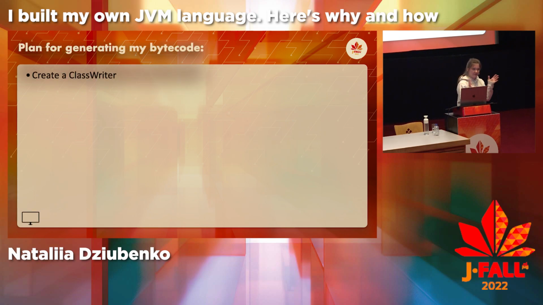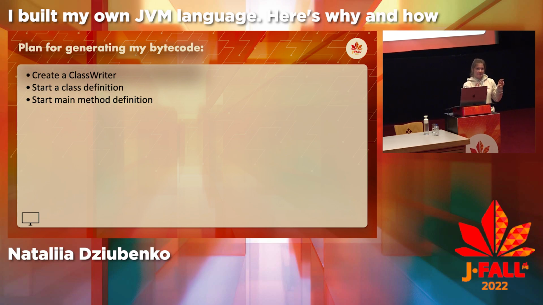So my plan for generating the bytecode: you need to create a class writer. Class writer is the place where everything starts when you want to generate bytecode. Then you start a class definition, which will be the only class that I have. Then start the main method definition, because everything I do will be happening inside this main method. It was a bit surprising for me that everything is still in a Java-like style, even underneath it's still a class and a main method.